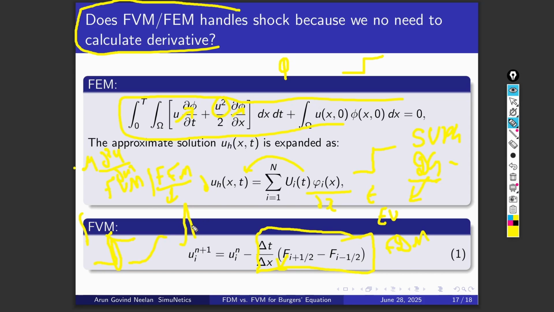So this smearing of the shocks can happen because of biased schemes or upwind scheme, or we add some explicit viscosity to stabilize the solver. Anyway, in the code we shall see how we can stabilize these solvers.